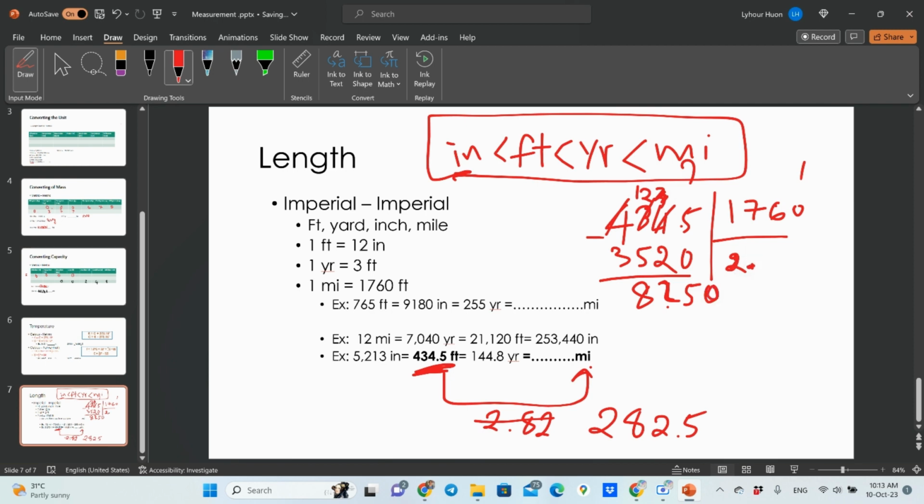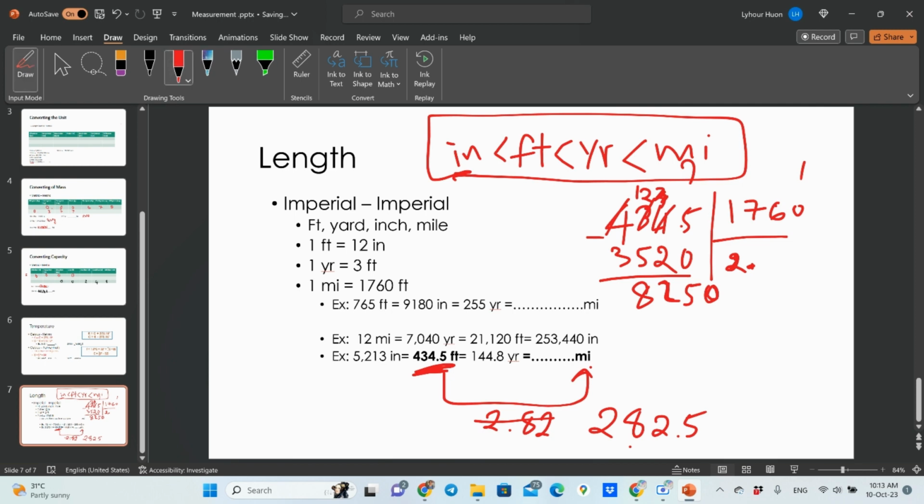We add 0, and then how many times does 1760 go into 8,250? Is it 8? If it is 8, 8 times 0 is... wait, I didn't answer anything. Okay, so let's do it together.